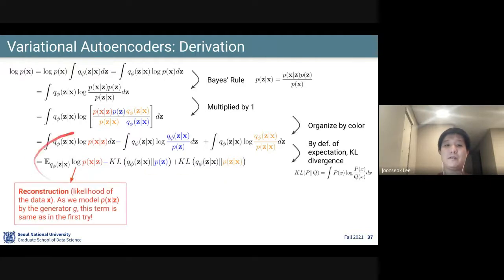What does this mean? Given z, the probability of x, and we would like to maximize it. What that means: given some vector z, the probability of the actual images x should be high. That means this is the reconstruction of the data set.